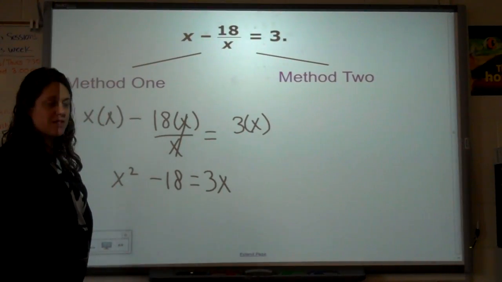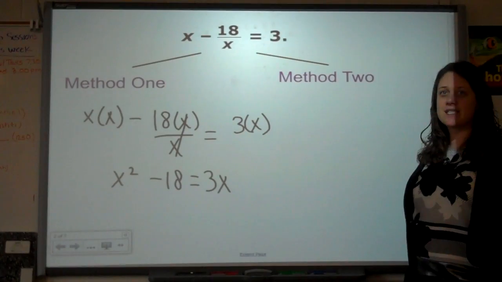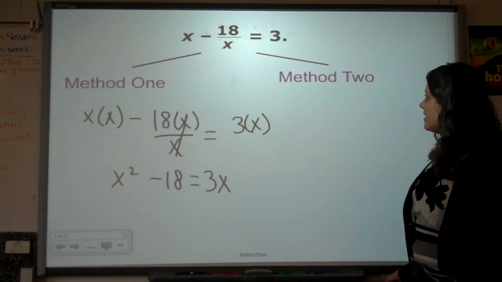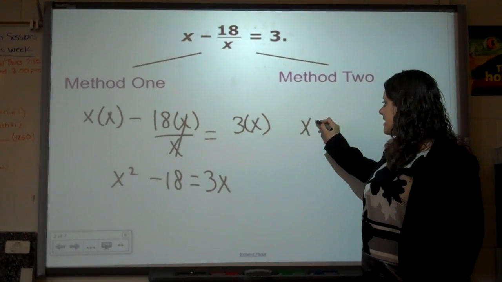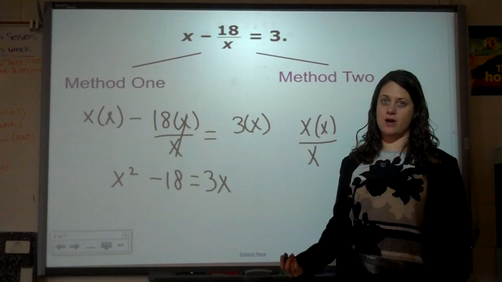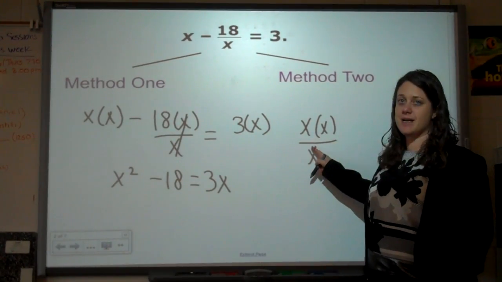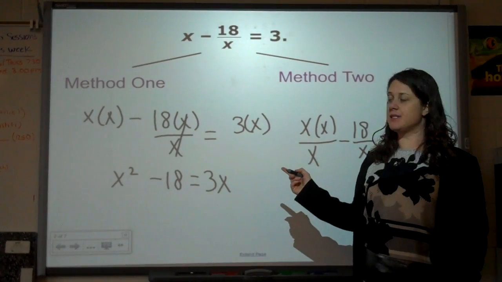Now the other option, which is pretty much the same thing, it just looks a little different, is that I just find the least common denominator for everything. So for this first one, if I needed a least common denominator, it would be x times x over x, because I needed to multiply the top and bottom by x. For the second one, I already had the common denominator.